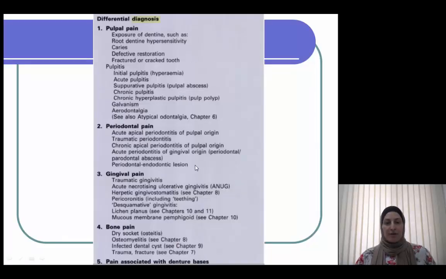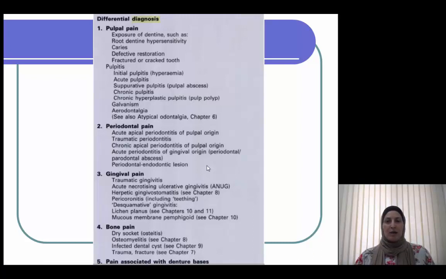As I mentioned before, there are different sources of pain. It could be pulpal pain, it could be periodontal pain, it could be gingival or within the bone, for example, a dry socket after extraction, or pain associated with denture base due to injury or trauma. So there are different sources of dental pain, let's say.